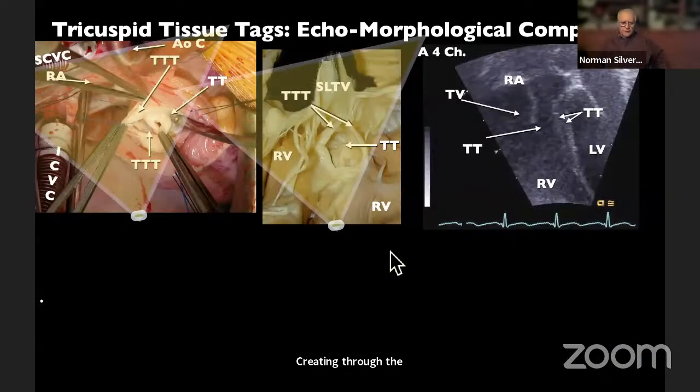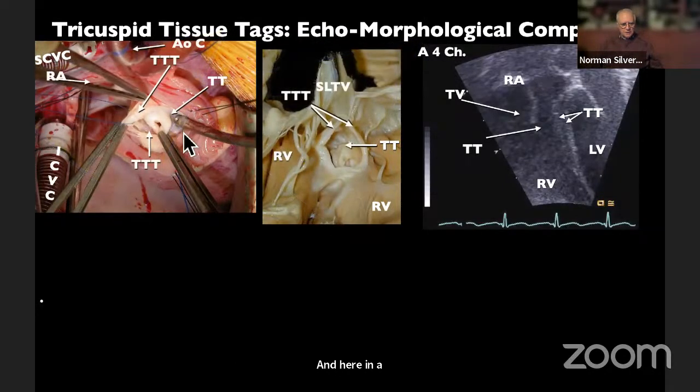Now, one of the things about the natural history of ventricular septal defects is this position of the tricuspid tissue tag, which is quite complex. And here in an operative specimen, you can see the left ventricular sucker. The sucker here is 2 millimeters. So the ventricular septal defect is about 2 millimeters and is already surrounded by a tricuspid pouch and patch of tissue, which is helping close the defect.